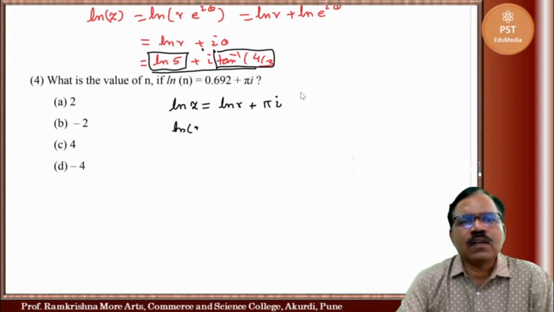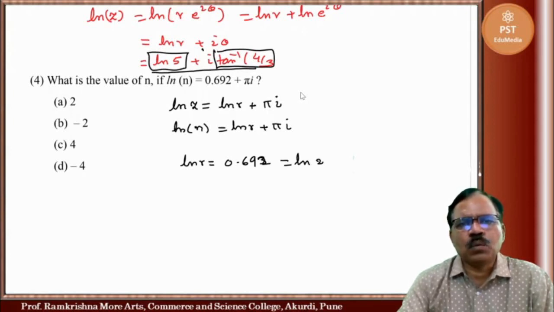So I can write here log n is equal to log r plus pi i. If we compare, log r is equal to 0.692, so this is log of 2.